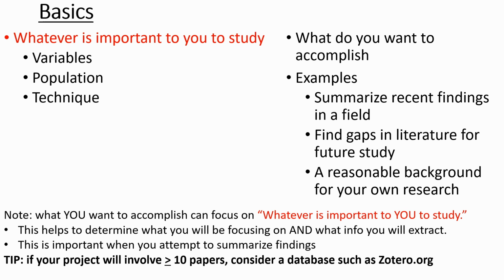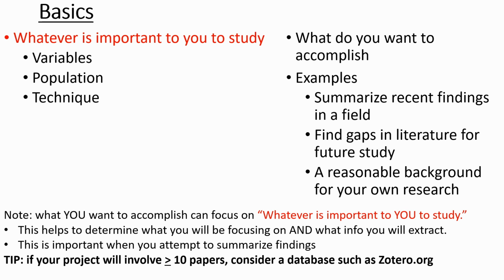It depends on what exactly you want to accomplish in that search. For example, you may want to know what the recent findings in a particular field are, meaning you're going to focus your search on maybe the last 5 or 10 years, whatever is considered recent in your discipline. It might be that you want to find gaps in literature for your future studies.